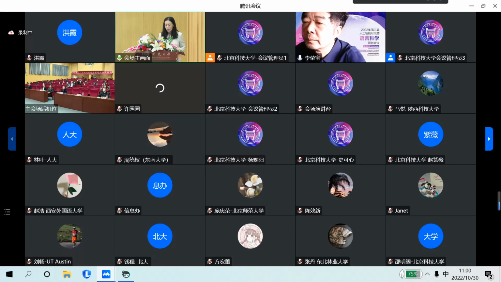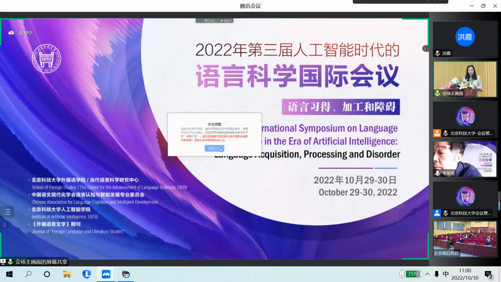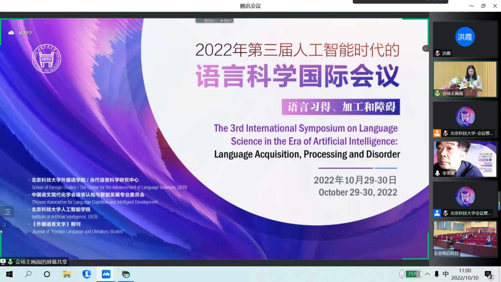And now I think we go to the next part, the closing ceremony. Ladies and gentlemen, representatives from all over the world, the third International Symposium on Language Science in the Era of Artificial Intelligence, organized by the School of Foreign Studies and the Center for the Advancement of Language Sciences, USTB, will soon conclude.